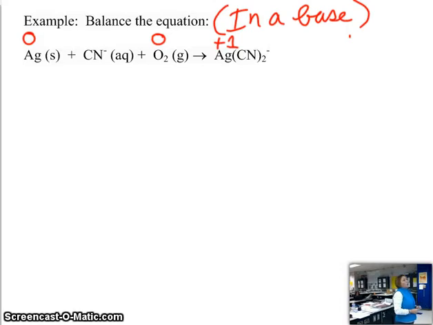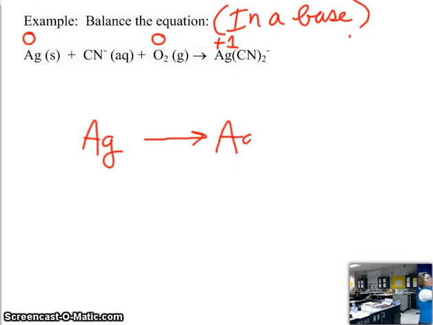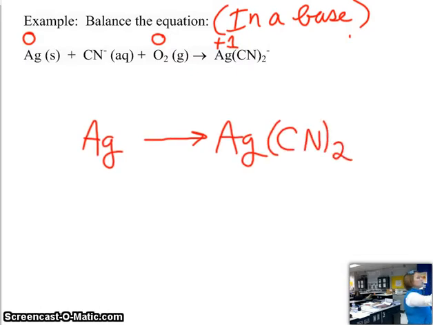You know silver's charge is going up, so you have the Ag going to make Ag(CN)2 minus.